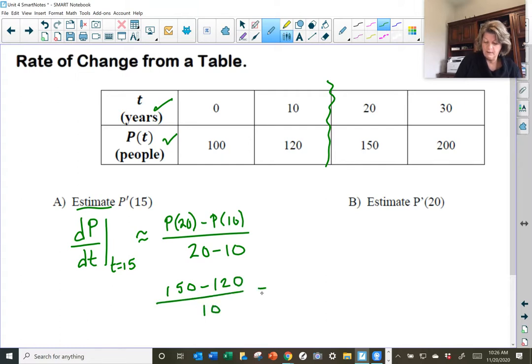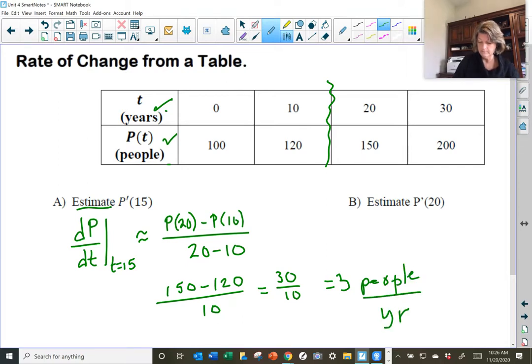So it looks to me like I'm going to get 30 over 10, or 3. Label P over T, so people over years. So people per year. And that would be an approximation on that.